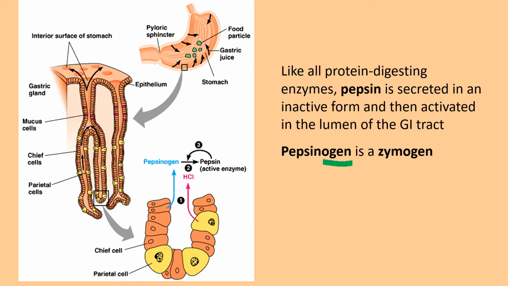So these cells secrete, they spit out essentially, pepsinogen, and that's fine. And then pepsinogen gets converted into pepsin in the lumen of the stomach. It's shown here on this diagram.